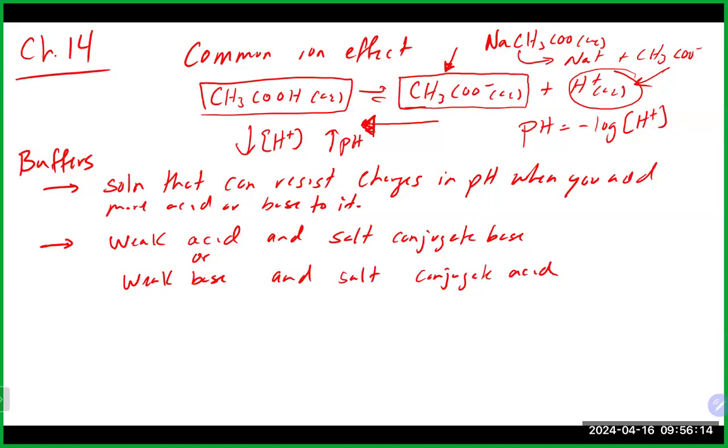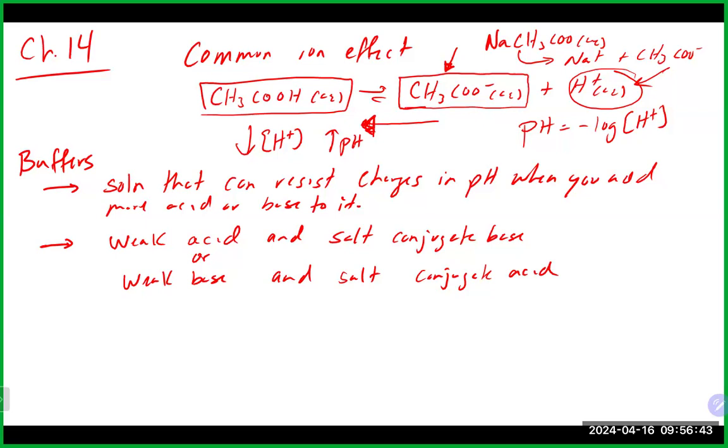One thing that you cannot make a buffer out of is a strong acid or a strong base. A buffer cannot be made up solely of a strong acid or a strong base. That is because a strong acid and strong base will break apart 100%. You will have no way to keep both parts of the buffer in the solution at the same time. You will have either the base part or the acid part, but not both.